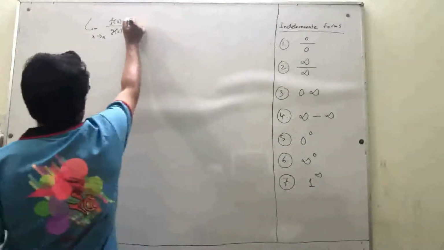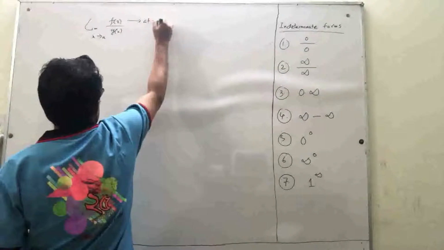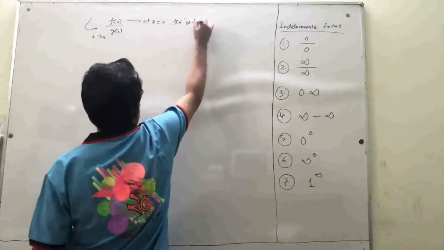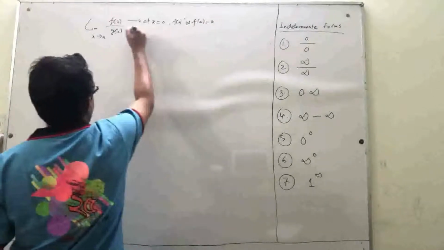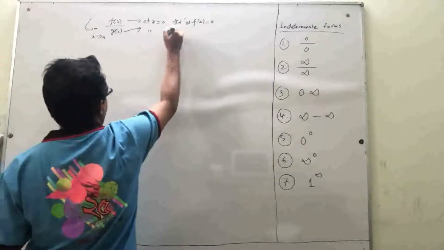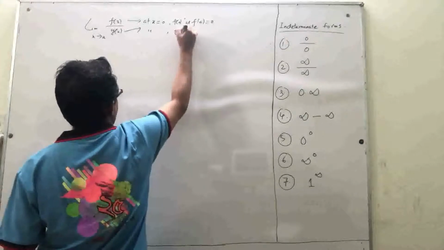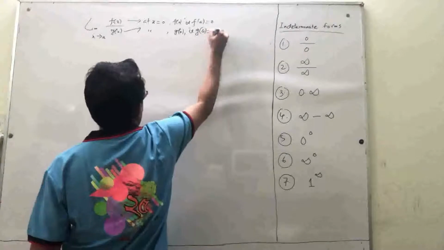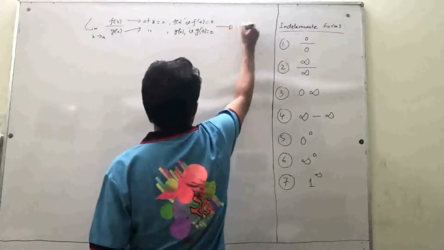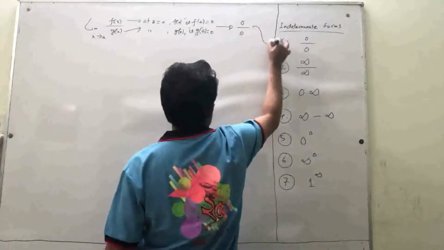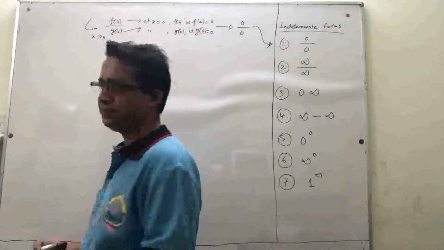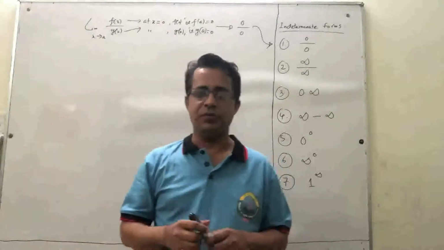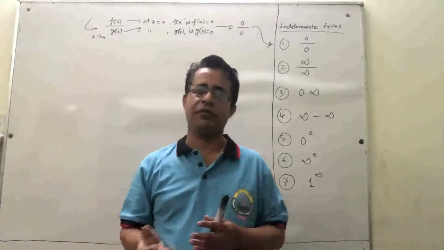That is, at x equal to a, the value of f of x, that is f of a, equal to 0. Also at x equal to a, the value of g of x, that is g of a, equal to 0. So this form has become 0 by 0, which is an indeterminate form. Now we would like to remove this indeterminate form from this limit.